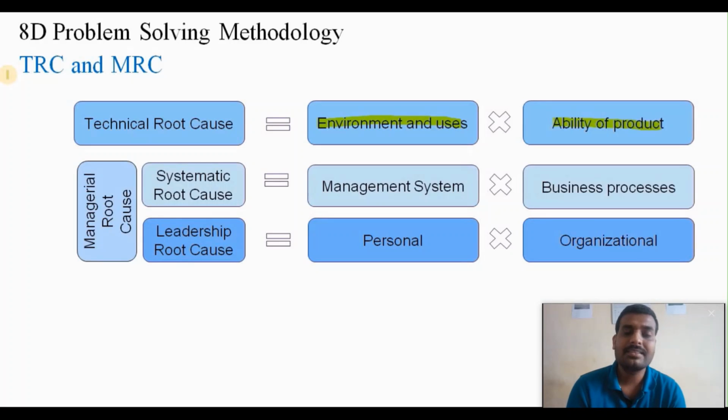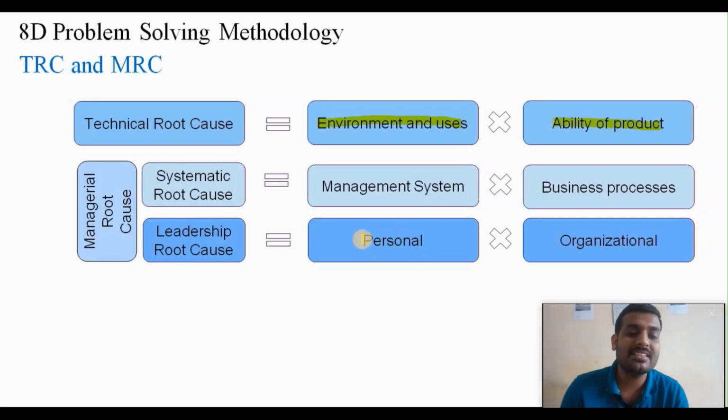Then second is the leadership cause. This leadership cause is due to personnel or the organization. Personnel causes are all issues that affect associates' deployment and qualification. For example, a less skilled or unskilled operator working on the machine, or depending on their skill they have not been deployed for the operation, in this way.